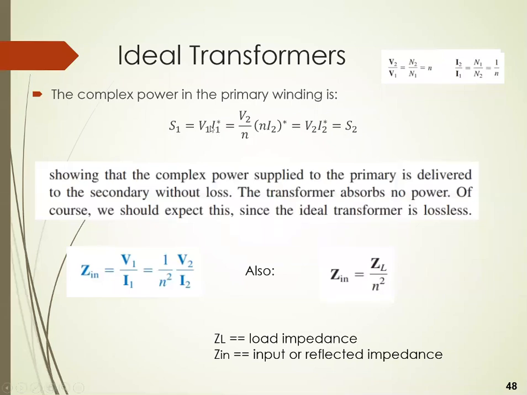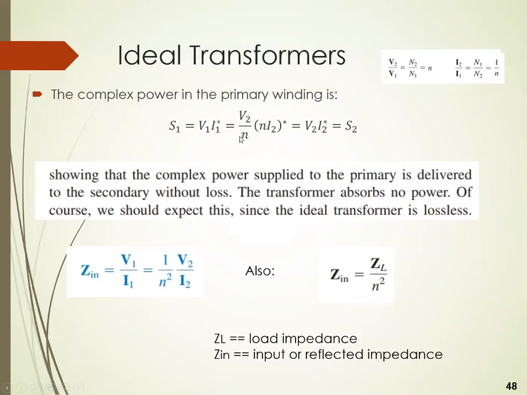If we substitute for I1 and for V1 using these equations here, in other words, V1 is going to be equal to V2 divided by N. So if we substitute for V1 in terms of the turns ratio, and for I1 in terms of I2 using the turns ratio, you get NI2.